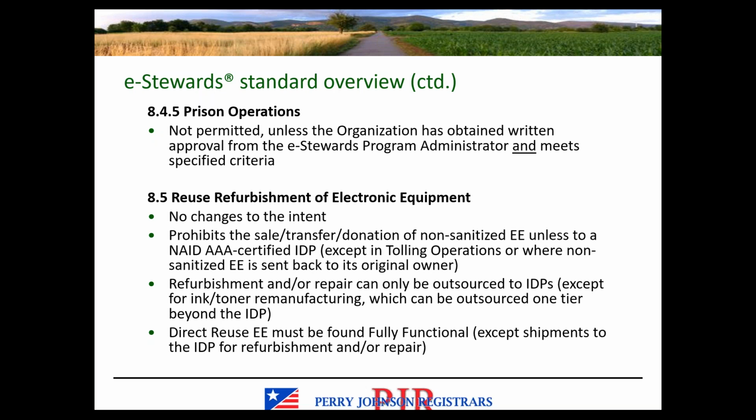So for refurbishment and/or repair, you can send it directly to another processor. It can't go beyond that one processor unless it's ink and toner, in which case it can go from them to one more stop. Direct reuse electronic equipment must be found fully functional, except shipments to the IDP for refurbishment and/or repair.